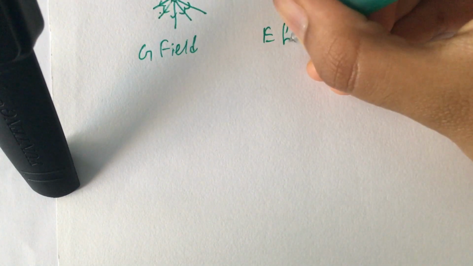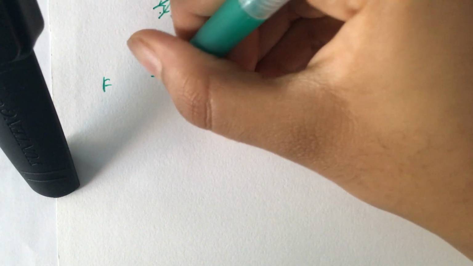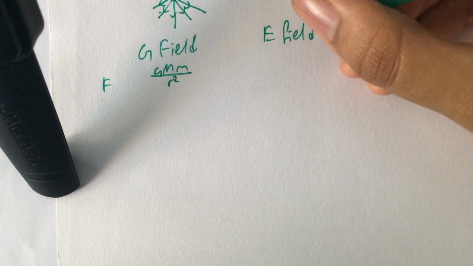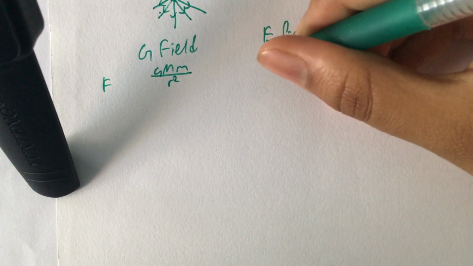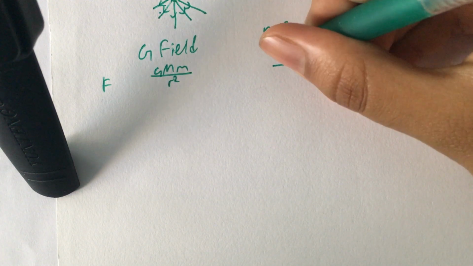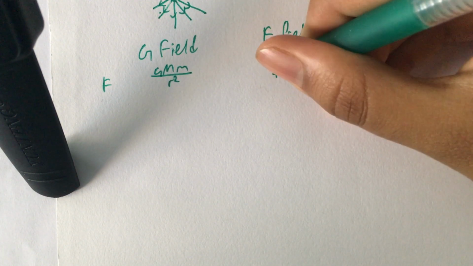The very first thing that we learn is the gravitational force, which would be big G times big M times small m over r squared. So in electric fields, what do you use as your force? Well, in the electric fields topic, you had to take note that it's not just r at the bottom or r squared at the bottom.